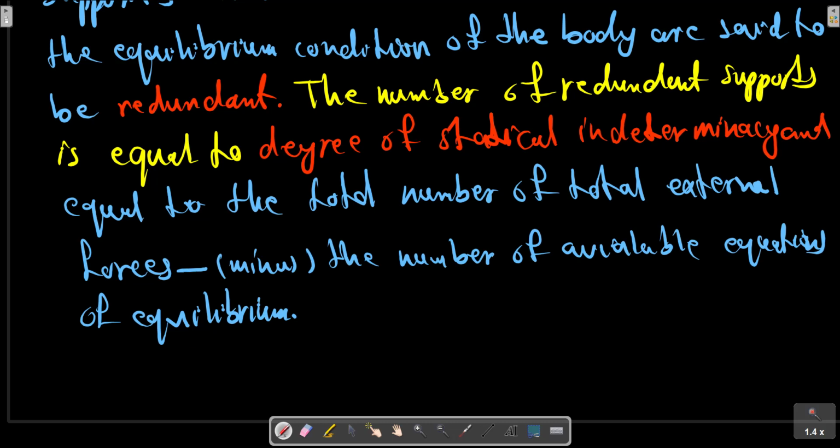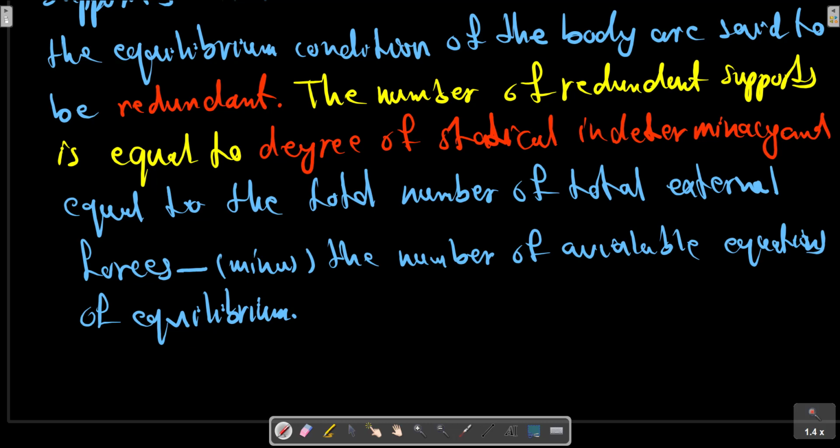On the other hand, bodies which are supported by the minimum number of constraints necessary to ensure an equilibrium configuration are called statically determinate, and for such bodies the equilibrium equations are sufficient to determine the unknown external forces.